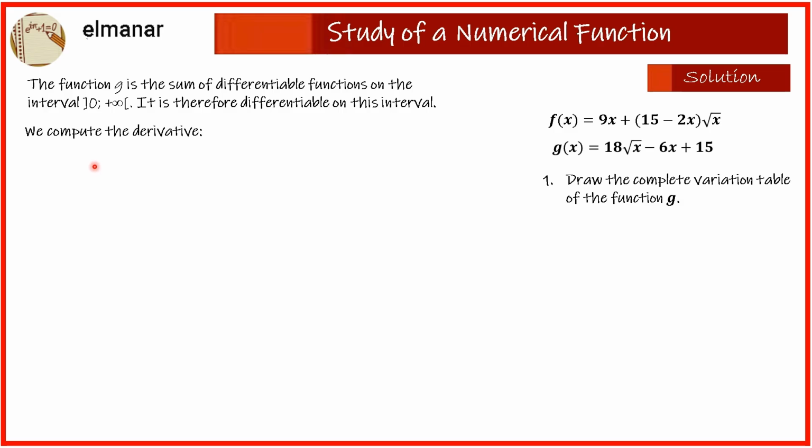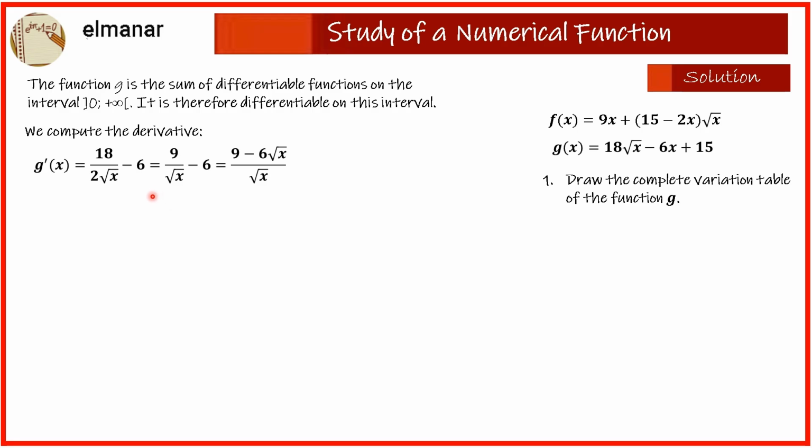The derivative of the function g, denoted g prime of x, is first written as follows: 18 divided by 2 times the square root of x, minus 6. This is because the derivative of the square root of x is equal to 1 divided by 2 times the square root of x, the derivative of 6 times x is 6, and the derivative of a constant is 0.